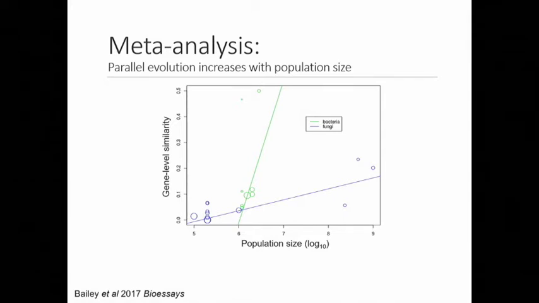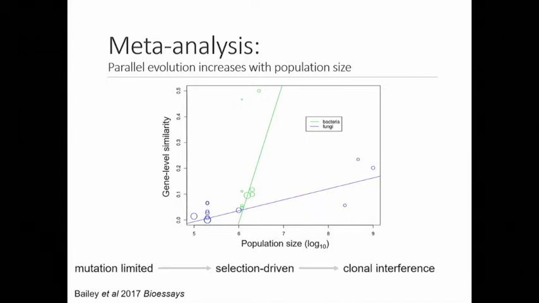But for all those studies where we were able to pull that number out and compare it to our measure of similarity that we'd calculated, we see a significant positive relationship here. And that increase is less steep for the yeast studies than the bacterial studies. But overall, we do see that significant positive increase.